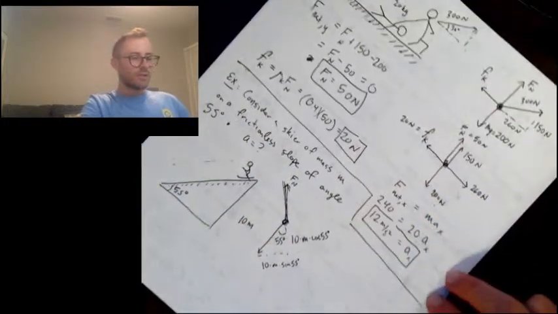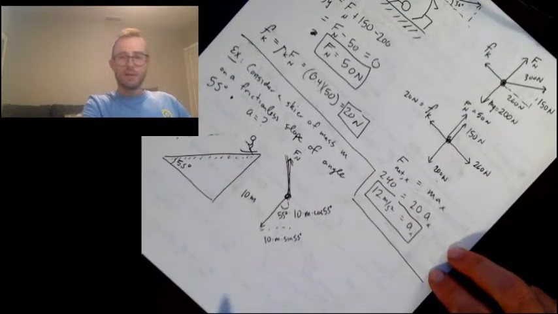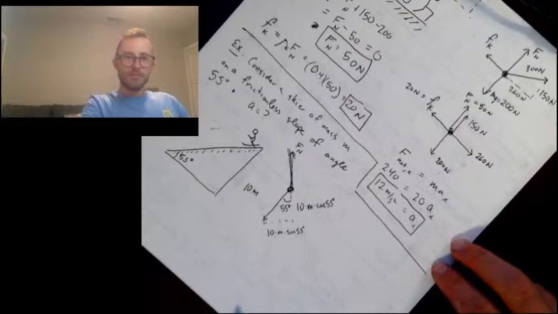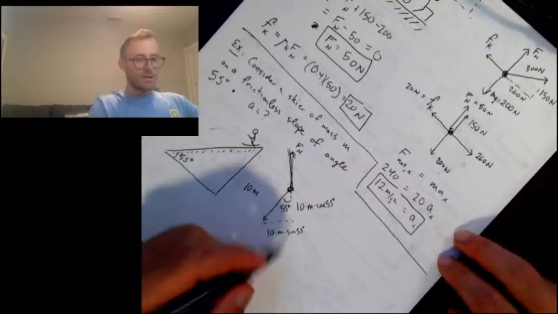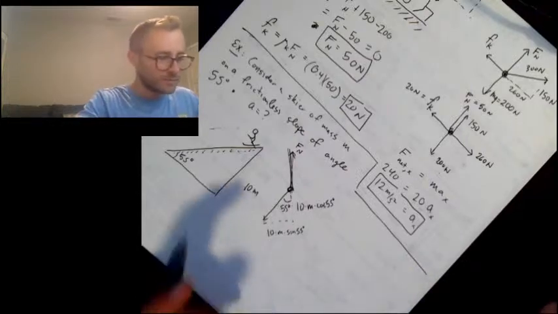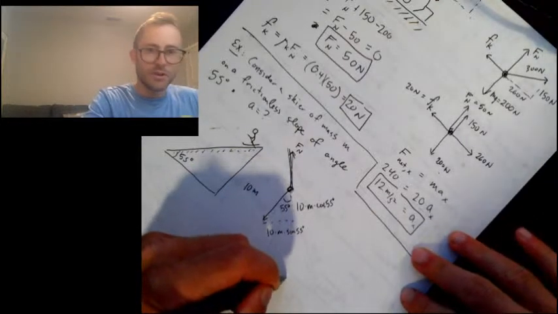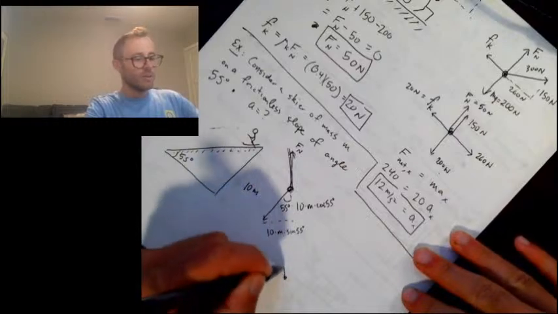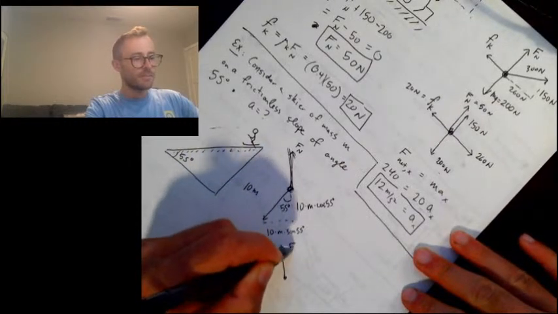Okay? So now I'm going to redraw the free body diagram. 10 times cosine of 55 is 5.7.